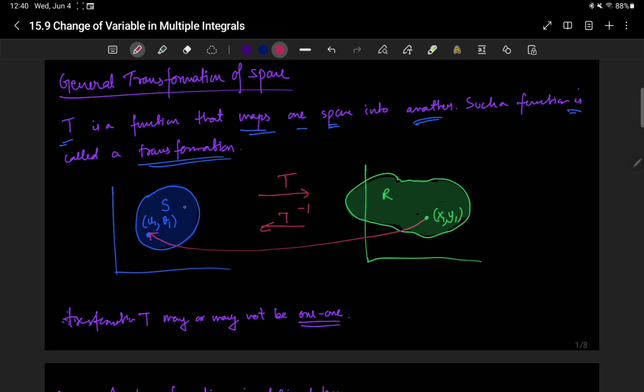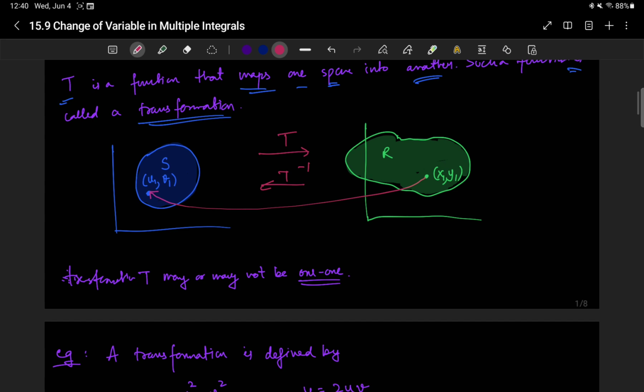Meaning you can take any point on S and there will be a corresponding point on R, and you can take any point on R and there will be a corresponding point on S. So the transformation may or may not be 1-1. For example, if there are squares and square roots involved, one may map to more than 1 point. If it is 1-1, then that's a nice transformation, which is called a 1-1 transformation.